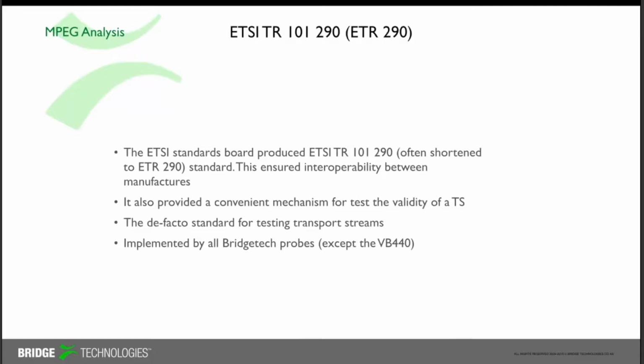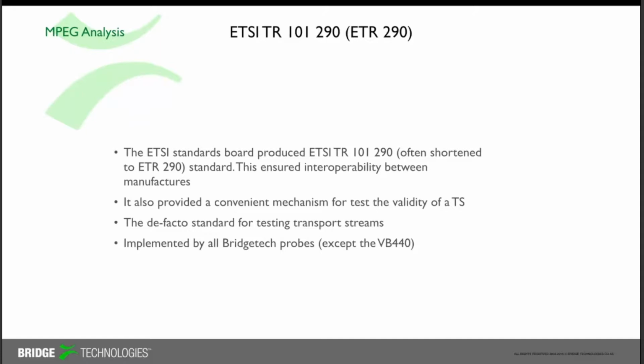As well as being used as an interoperability test, it was then used to actually look at transport streams and to fault find them. And it is still, even now, the standard for testing transport streams. Crikey, 28 years later, still around.